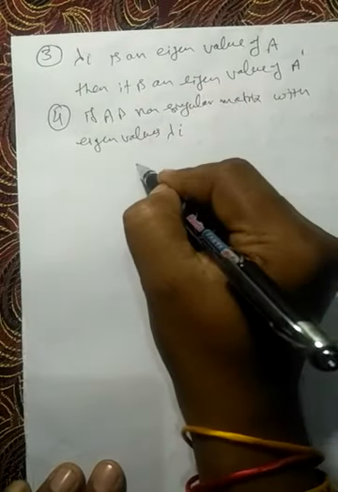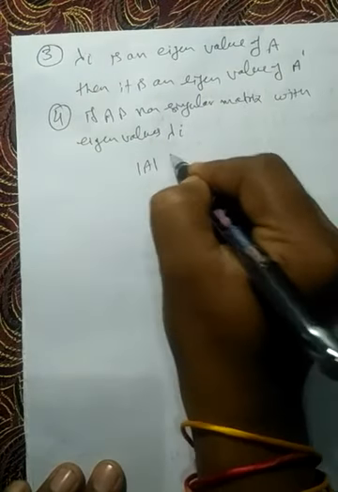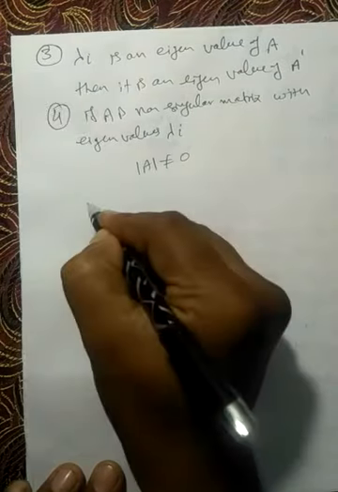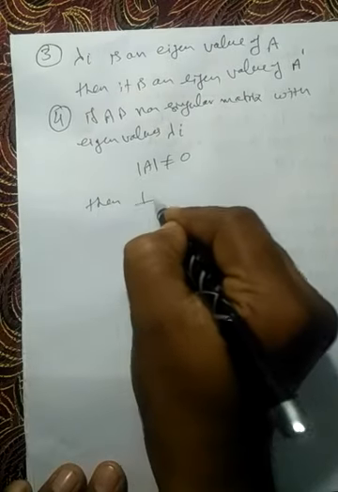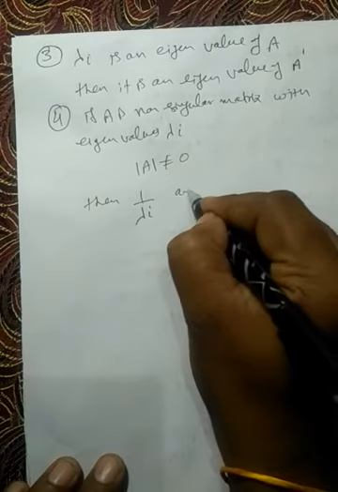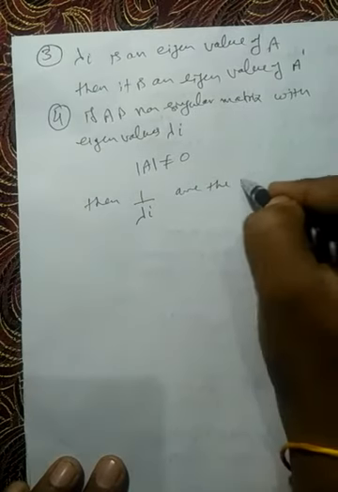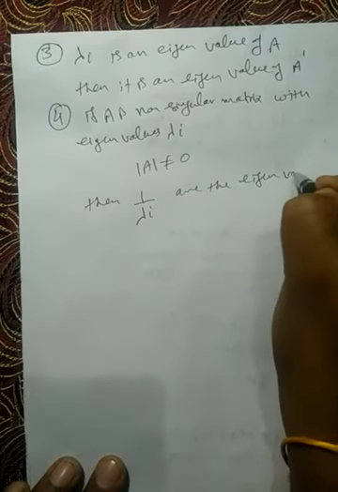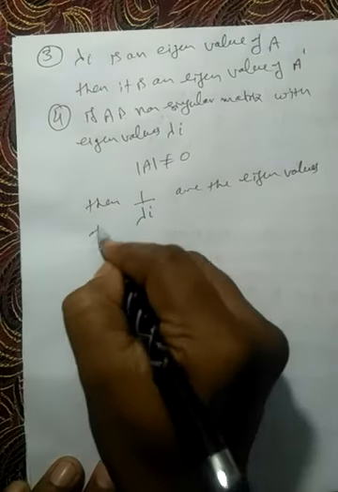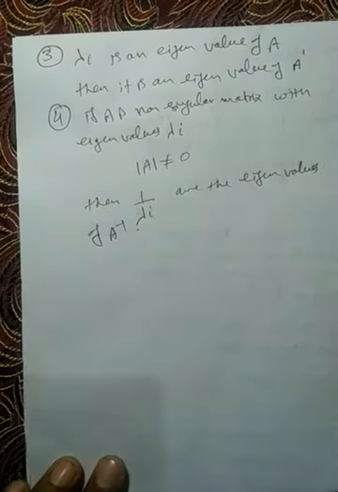Non-singular matrix means determinant of A is not equal to 0. Then 1 over lambda i are the eigenvalues of A inverse.